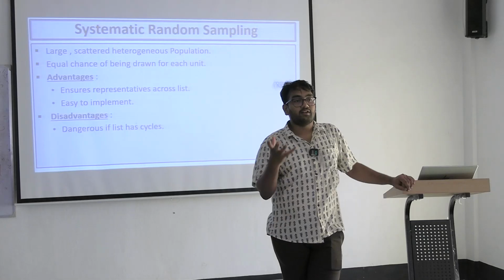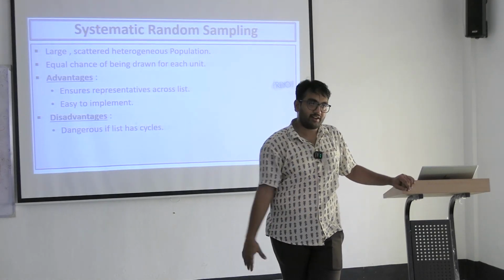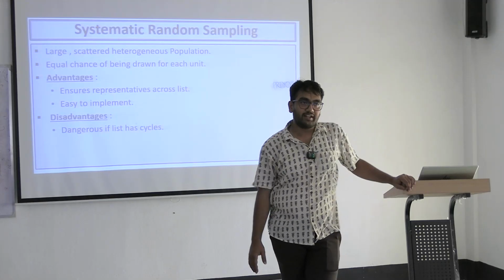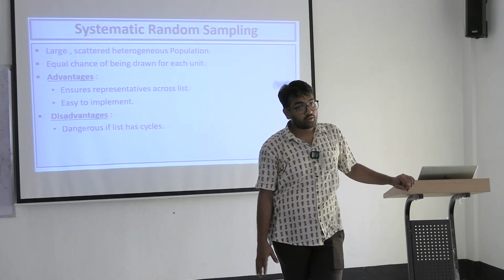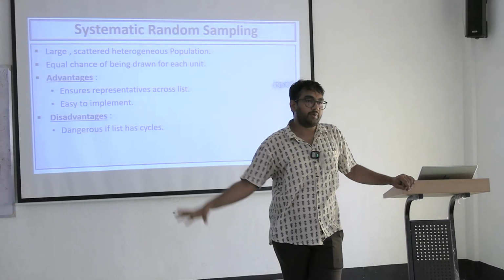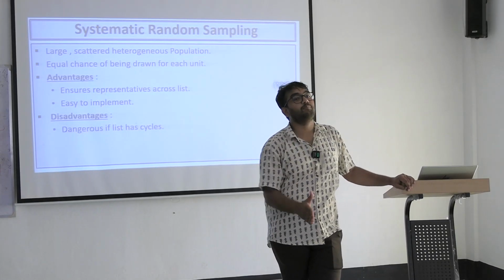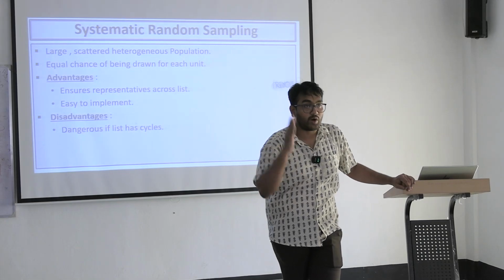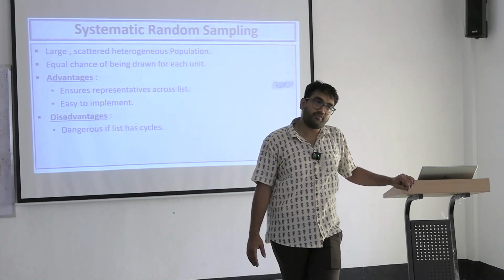Let's make the sample size a little more, let's make it 300. Then we need to select 1 in every 40. So if we divide the estimated sampling frame by the required sample size, we get the sampling interval. That is, we need 1 in every 40.